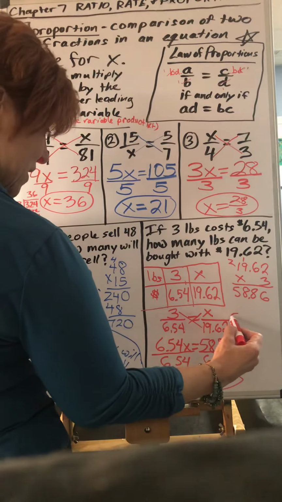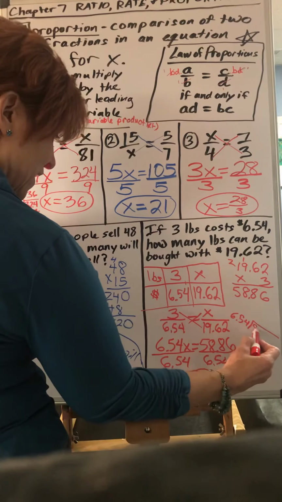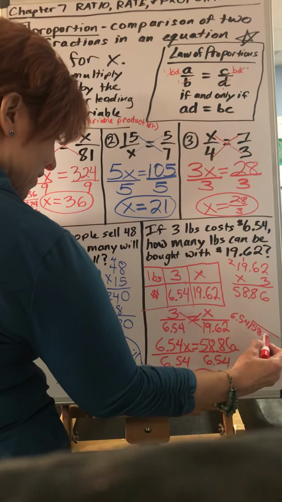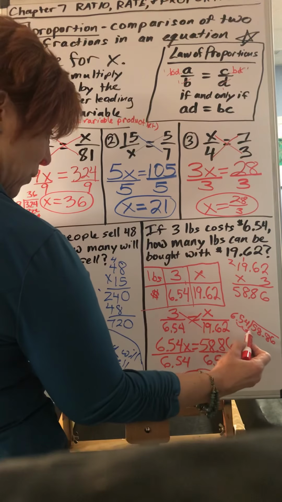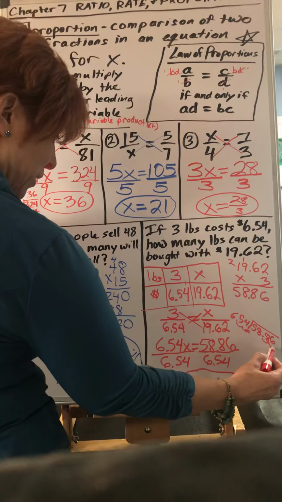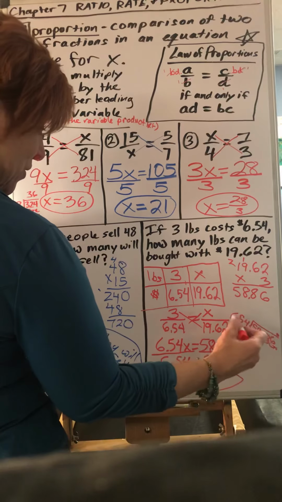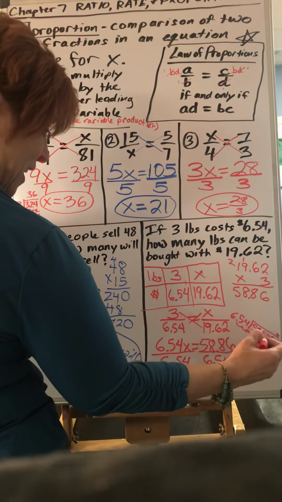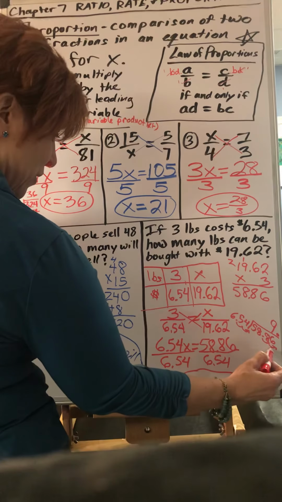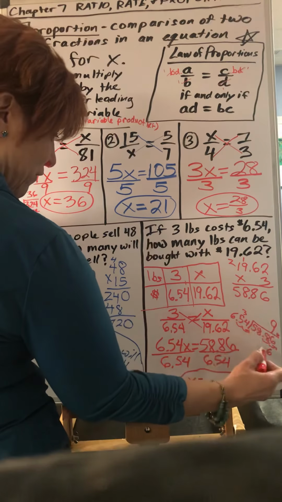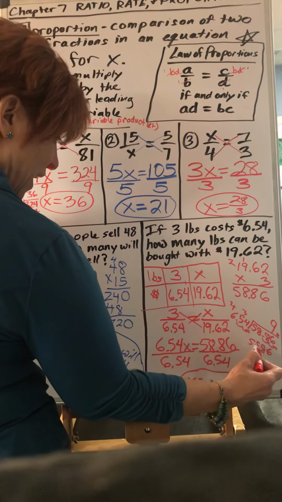So 654 divided into $58.86. I'm going to move this decimal 2 places to make it whole. 600 something into 5,800 something, it's going to go in 9 times. Because 9 times 4 is 36, regroup 3. 45 and 3 is 48, regroup 4. 54 and 4 is 58.